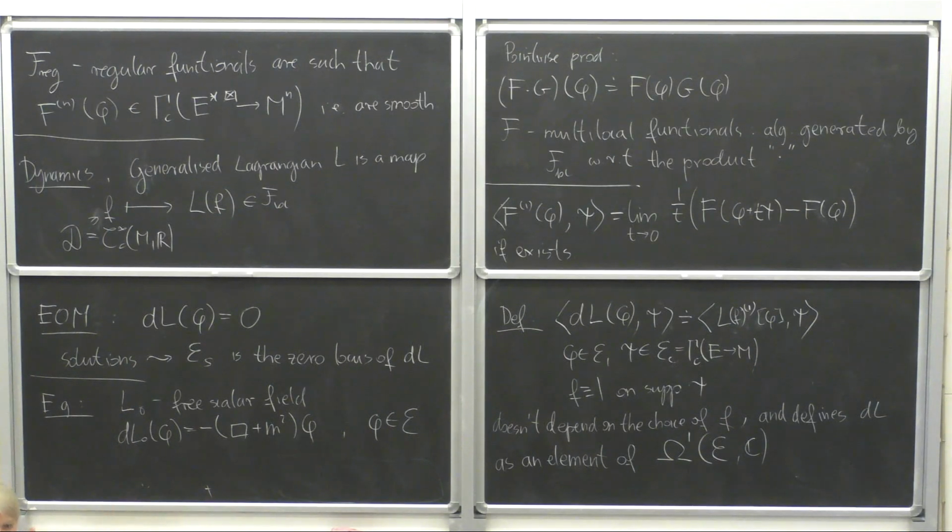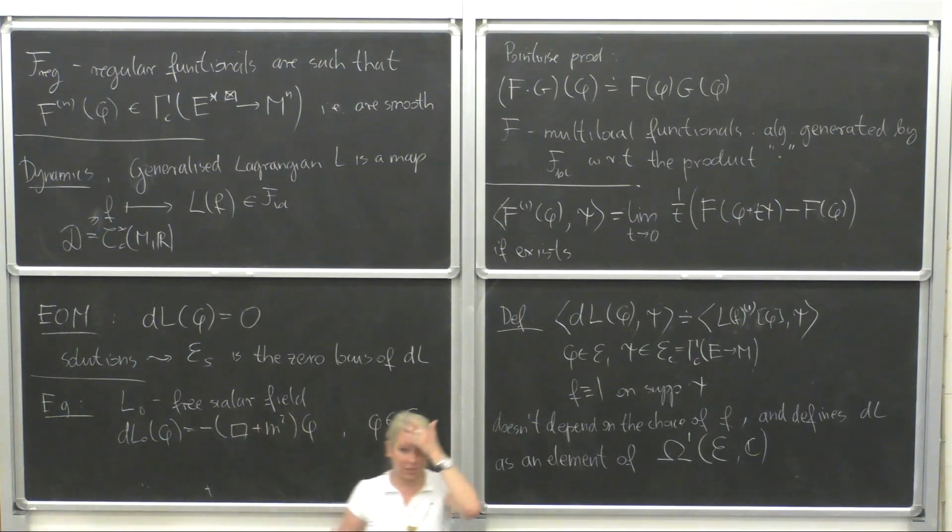So you're thinking about this cutoff as sort of infrared cutoff in quantum theory. At the end of your calculations, you would take the limit f going to 1. The reason why this is harmless is that this is not going to affect the correlations of local fields. Correlations of local fields are going to be indifferent to how I take that limit. Does it make some sense? There will be more to that later.